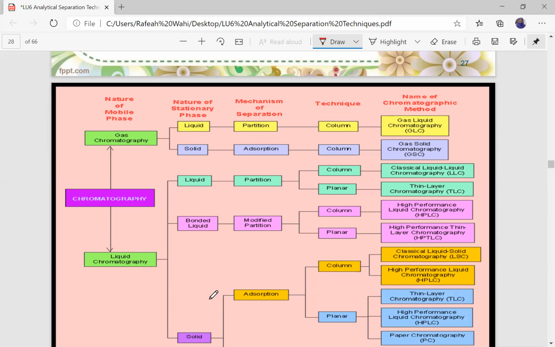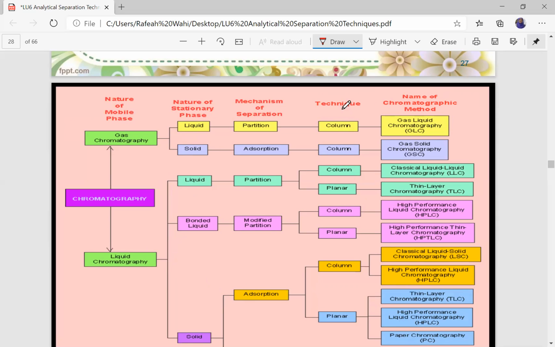Okay, so at the end of this, we have different instruments associated with gas chromatography based on different natures of mobile phase, different natures of stationary phase, different mechanisms of separation, and different techniques.